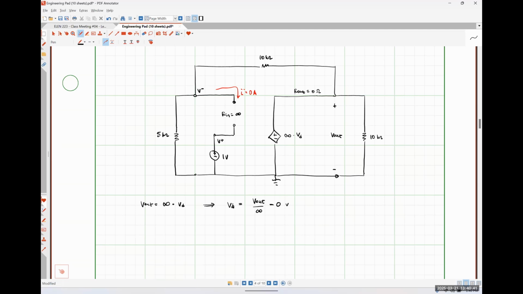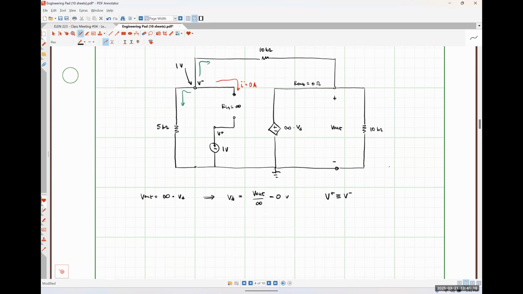So if VD has to be equal to 0 volts for an ideal op amp, then that means the voltage that we have at our node V plus must be exactly equal to the voltage that we have at our node V minus. So quite obviously here, the voltage at our node V plus is 1 volt. So our nodal voltage here is 1 volt. And now we can simply apply KCL at this node, adding this current and this current together to solve for V out, right?